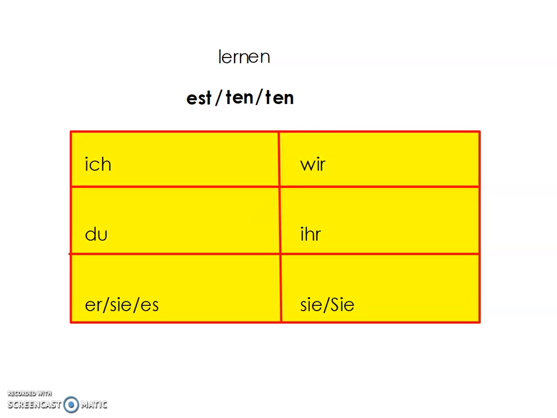Lernen means to learn or to study. And we learned that we use the pattern S1010 to conjugate it. So first we take the stem of our verb. So we look at lernen, and we bring down our stem for each of these to start our conjugation.